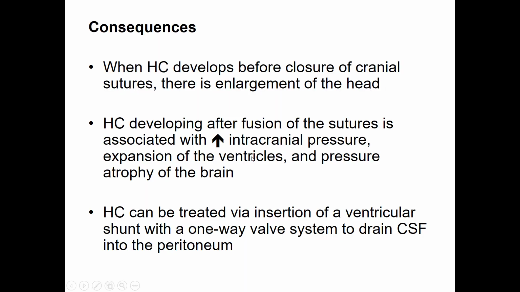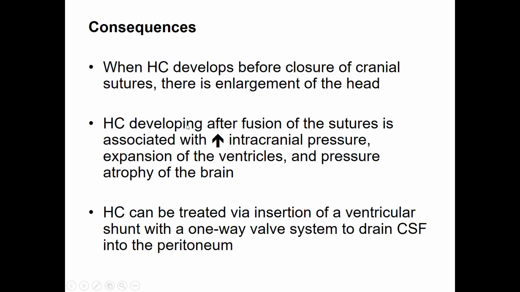Here you can see hydrocephalus can be treated by insertion of a ventricular shunt with a one-way valve system to drain CSF into the peritoneum. This plastic tube is led from the skull down underneath the skin to the peritoneal cavity, and from the peritoneum the CSF can be resorbed.